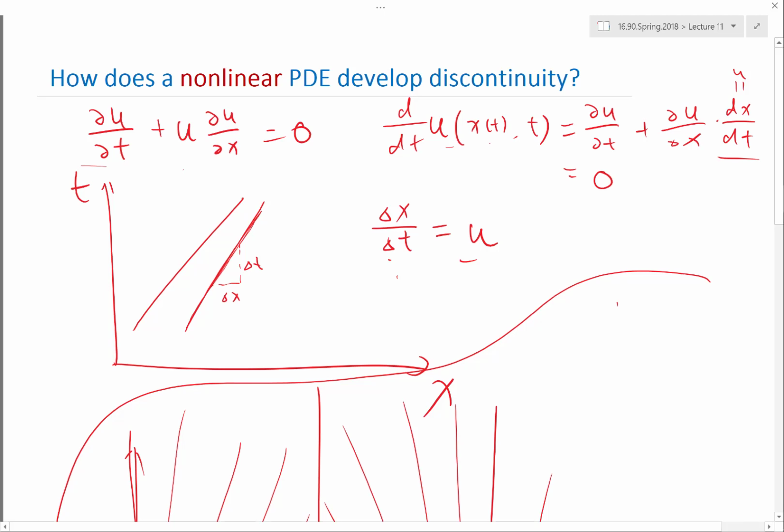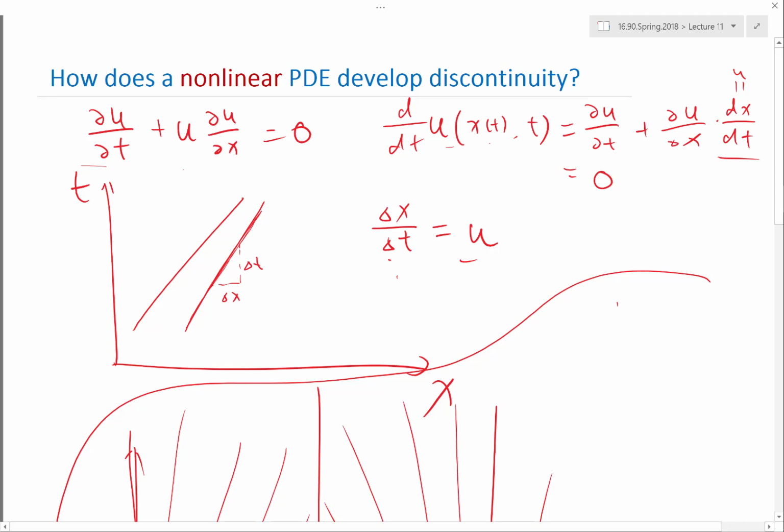Oh yeah, the slope here, that's a very good point. This is actually not really the slope, but the inverted slope. The reciprocal of the slope is dx dt, which is equal to u. That's why when u is equal to 0, the line goes straight up, right? So calling it a slope is actually not exactly right.